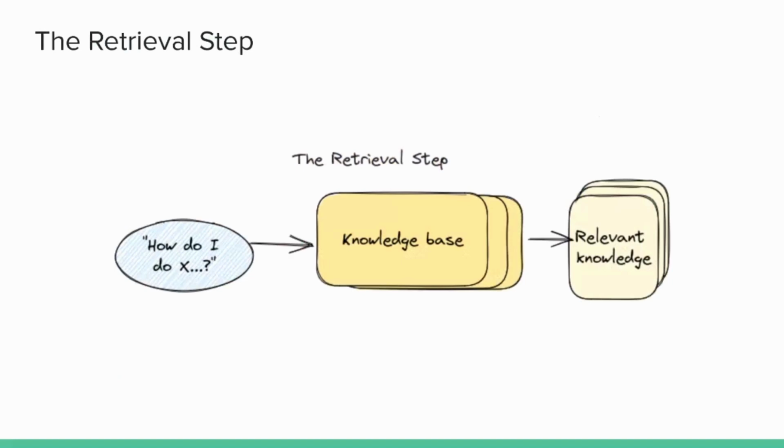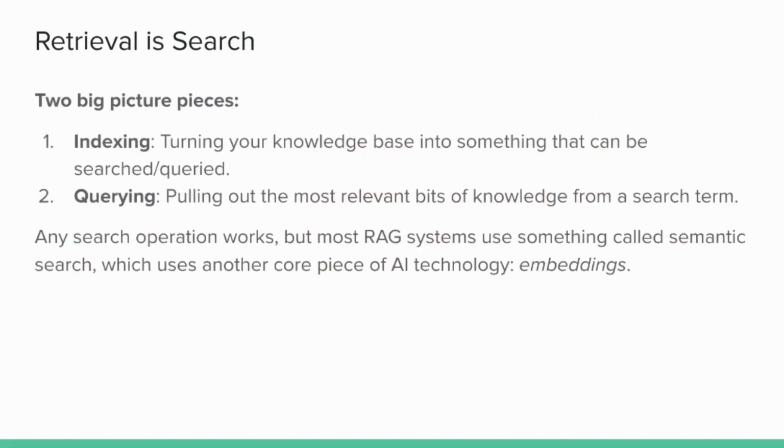The first thing worth understanding is that this is basically just a search operation. Like Google, like any search operation, there are two big picture pieces. There's indexing, which is essentially taking that knowledge base and sticking it in something that can be searched and queried. And then there's querying, which is pulling out the relevant bits based on your search terms.